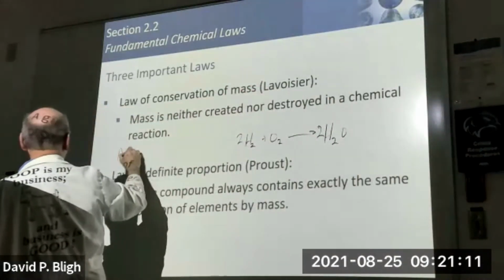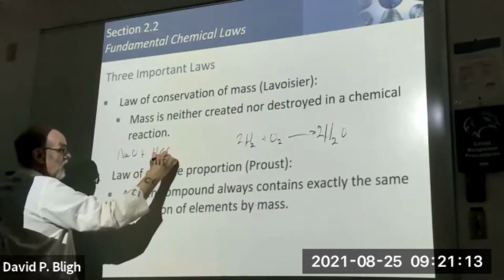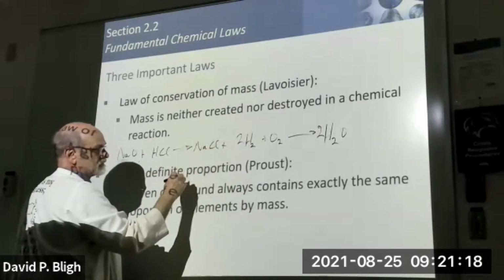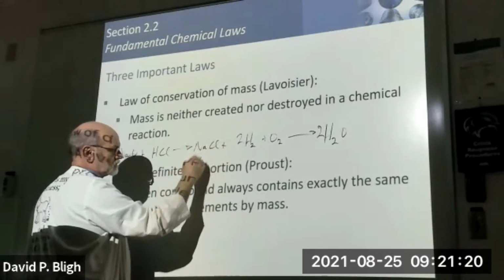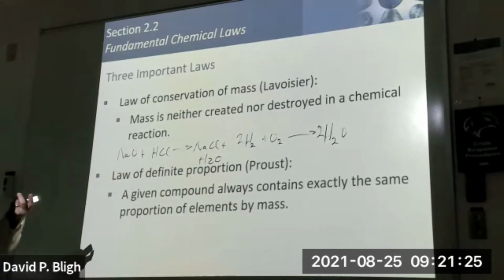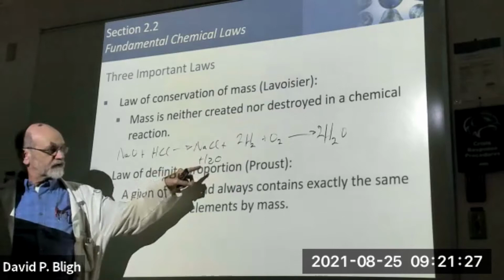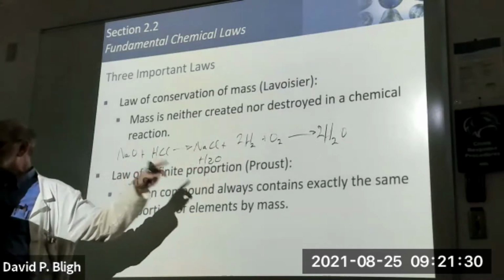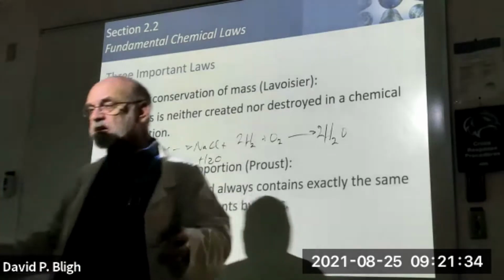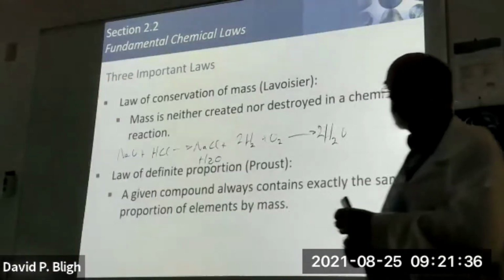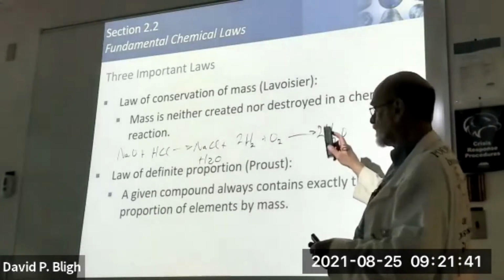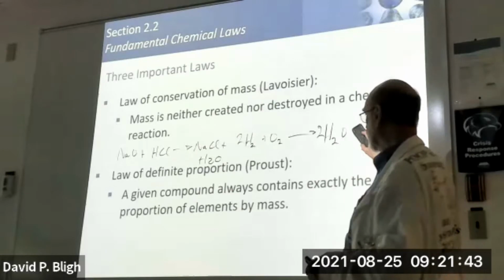We could take a base like sodium hydroxide and combine it with hydrochloric acid, and that yields table salt plus water. Proust said it doesn't matter. The mass ratio of these 2 elements are the same for this compound, no matter what the source. Or you could just physically purify water, distill it, and it would always be the same mass ratio. So that was the law of definite proportions.